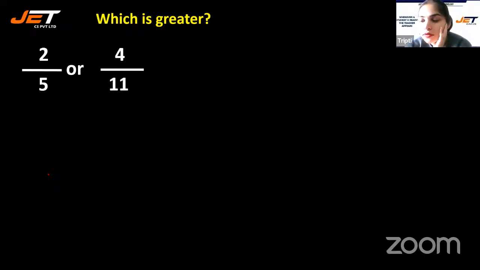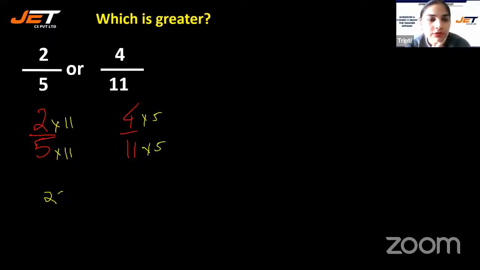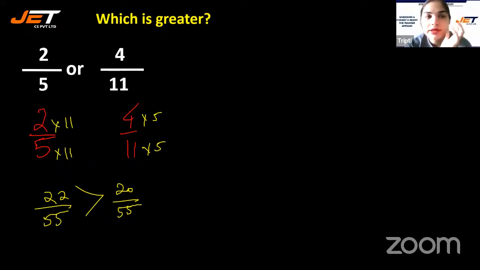So here, what we have to do is 2 by 5 and 4 by 11. Just make the denominator same. I will be multiplying by 11, 11, 5, 5. Okay. 22 by 55. And here 20 by 55. Which one is greater? 22 by 55. So that means 2 by 5 is greater than 4 by 11.